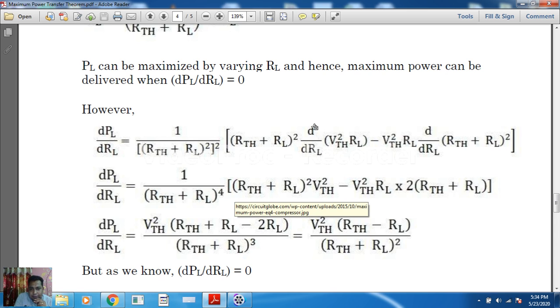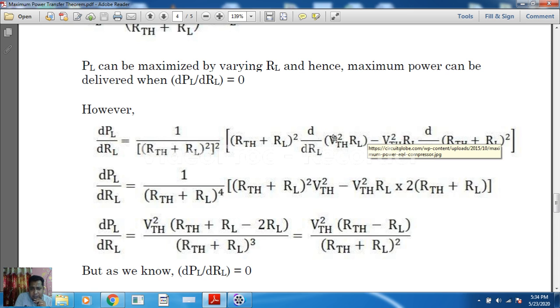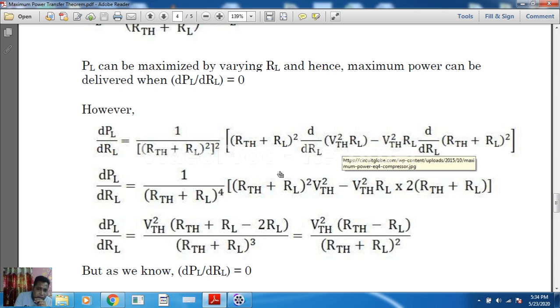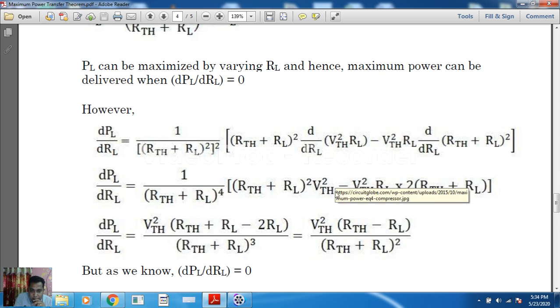Here, in the first order derivation of this whole component, VTH square is a constant, so it comes out, and the derivation of RL with respect to dRL gives us 1. So RTH plus RL whole square into VTH square stays the same, minus VTH square into RL into the derivative of the whole component.